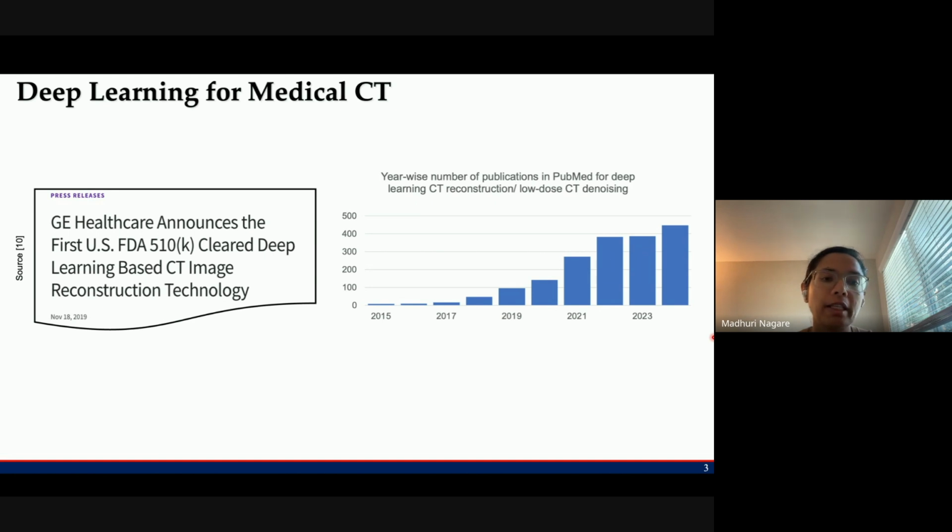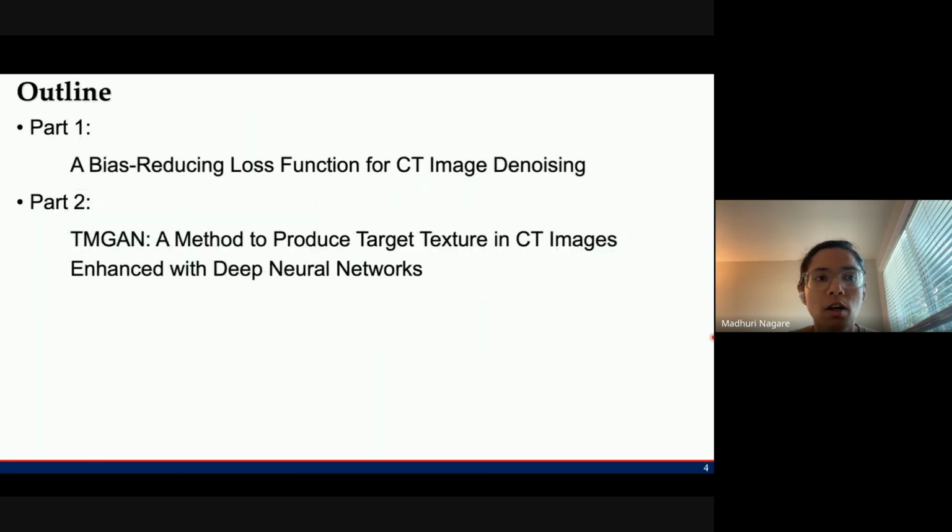That was for GE Healthcare, and after that, all medical companies started working on deep learning, and now it's a hot area. But still, while doing deep learning for medical CT, companies have to be really careful because everything goes through FDA approval, and they have to pass clinical reviews, and it goes through a lot more scrutiny than normal images.